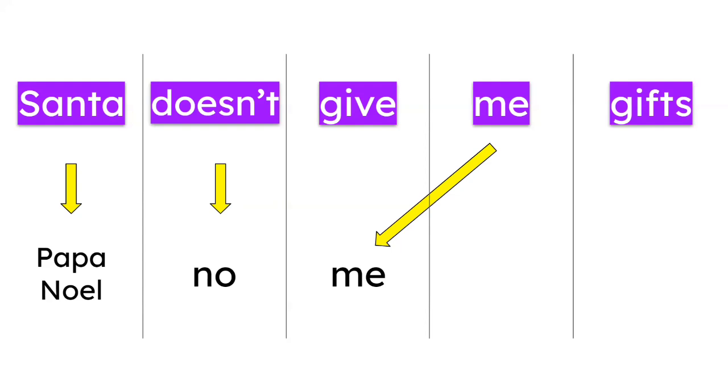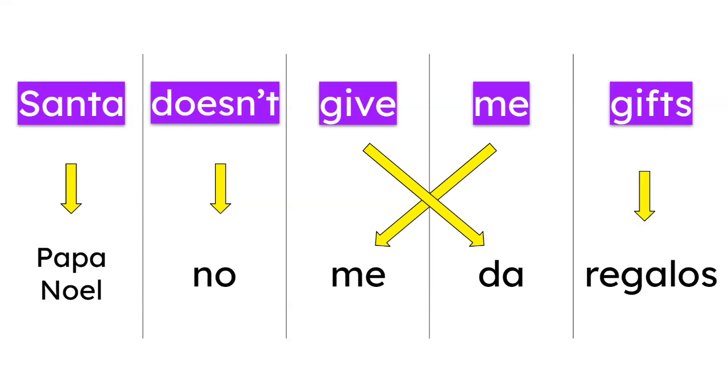The verb to give is dar. Dar in Spanish. And conjugated with the third person, which is Papa Noel, that would be da. Papa Noel no me da. And gifts is regalos. Papa Noel no me da regalos.